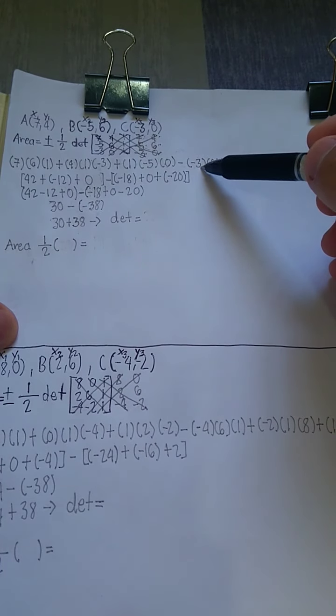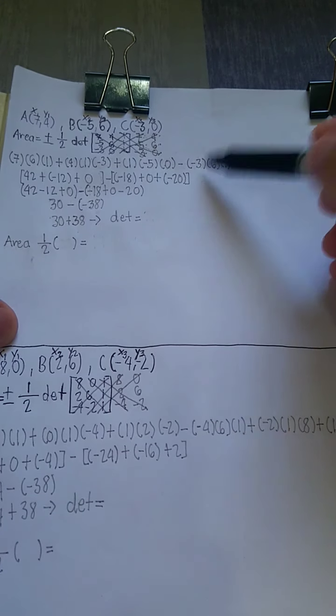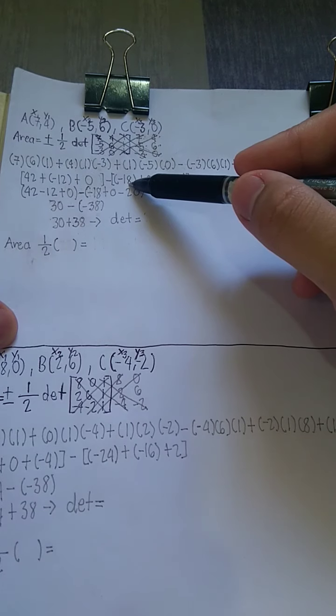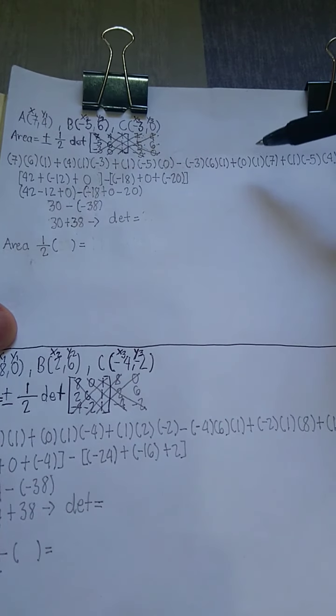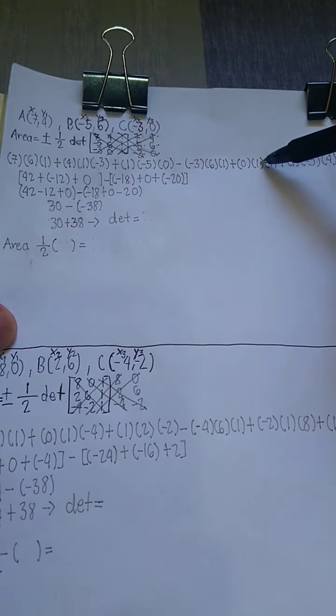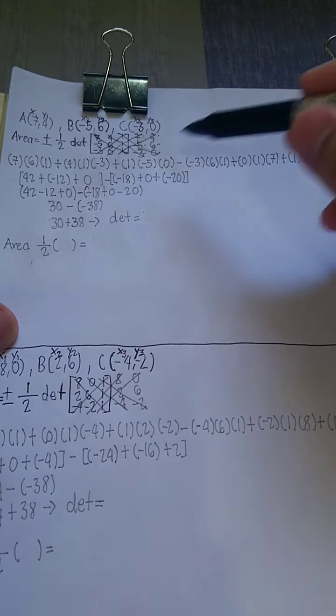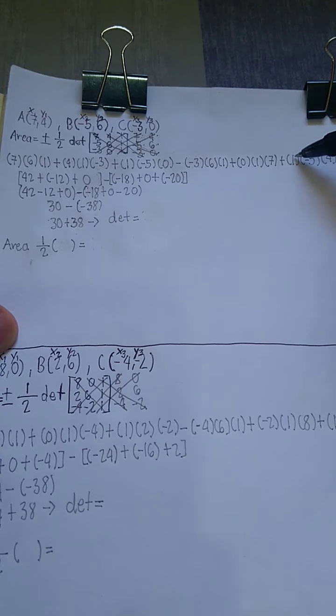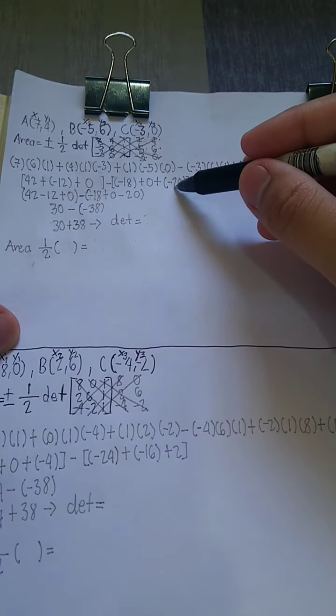Then the next three: -3 times 6 times 1 equals -18, 0 times 1 times 7 is 0, and 1 times -5 times 4 equals -20.